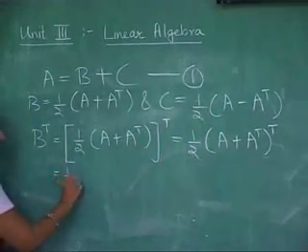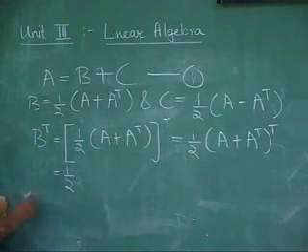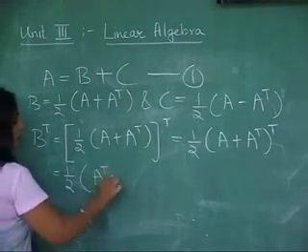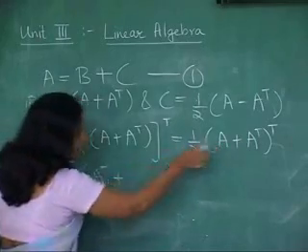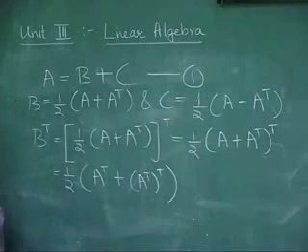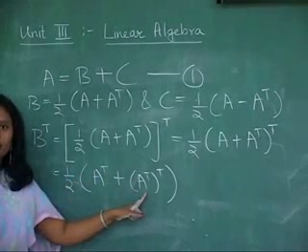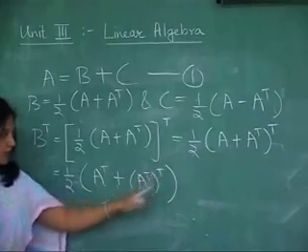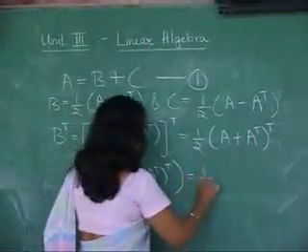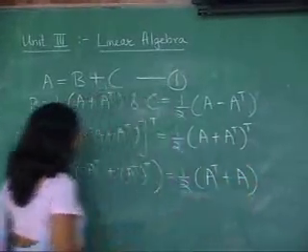And now use the second property. Transpose of the sum is sum of the transposes. So it will be transpose of the first matrix plus transpose of the second. And now use the first property for this. A transpose is A. So this is going to be 1/2 (A transpose plus A).